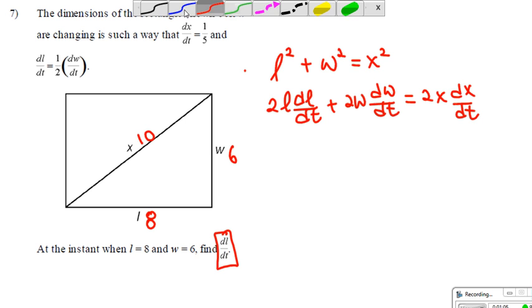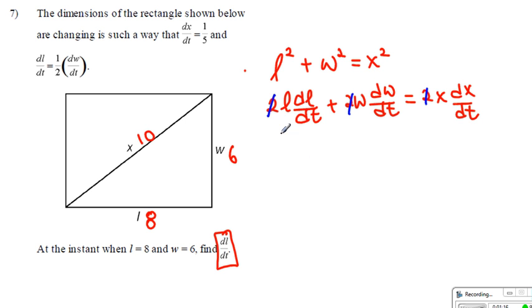Now, here the 2's can all cancel out. And we know the value of L, W, X. So in fact, L will be equal to 8 dl/dt. W is plus 6 times dw/dt.